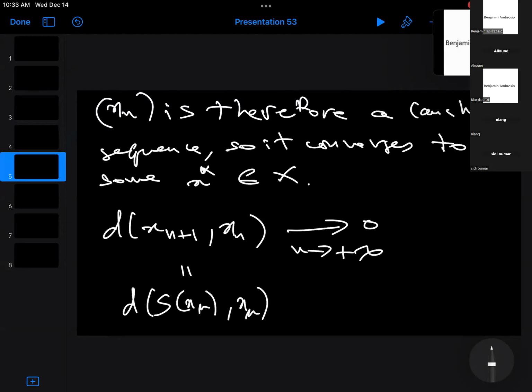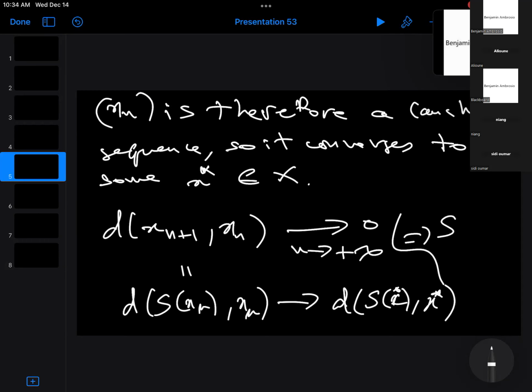And by continuity, so s is continuous because it's a contraction, and d also, so this converges to d(s x star, x star). So finally, you have the distance between s x star and x star is 0. So this implies that s of x star equals x star. So x star is therefore a fixed point.